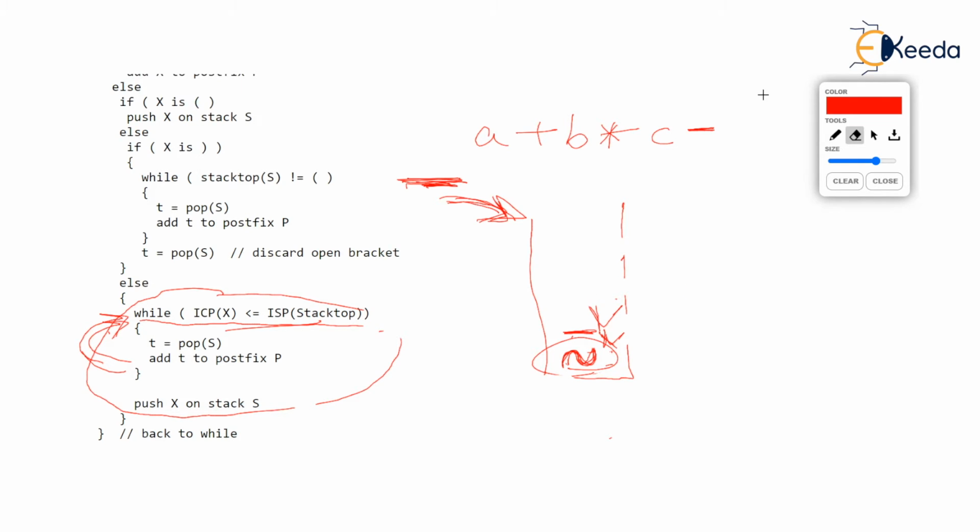An excellent idea he gave is, he said that whatever infix is given, you put one open bracket in the beginning and one close bracket at the end. So you enclose that infix expression in open bracket and close bracket. That student got a very, very good round of applause in that class.